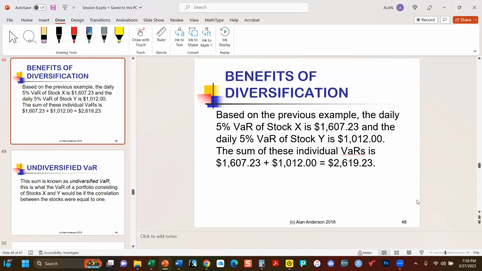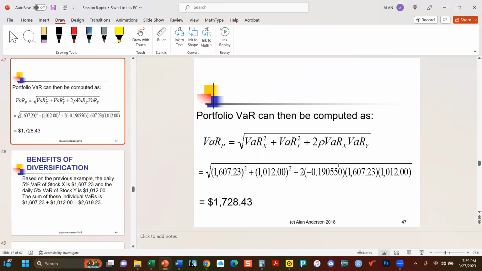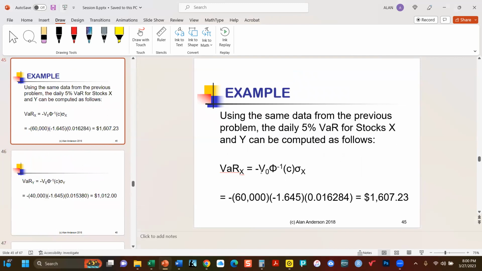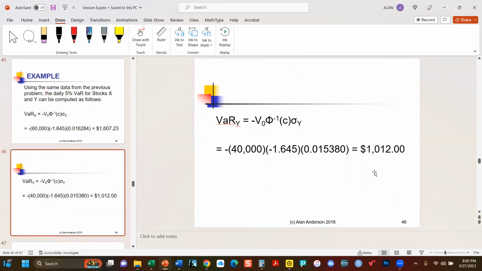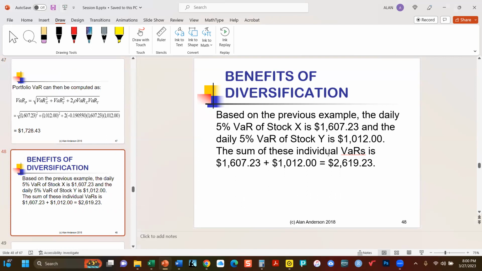Now, here's an interesting result. If you go back and revisit these two and calculate the individual VARs, well, actually, this is where this thing pays for itself. If you calculate the individual VARs and add them up, the total would be 2619.23.